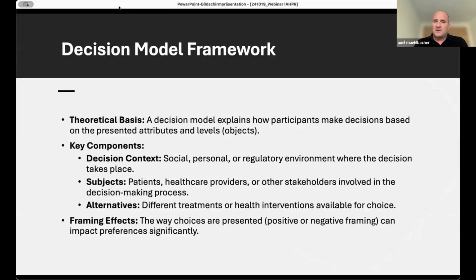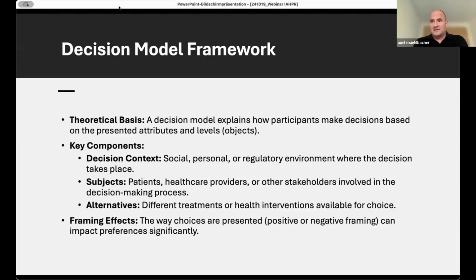To start off, what's the model and what's the decision model framework? The underlying idea is that we present an object to subjects, which means the participants of our studies. Once we have these subjects interacting with our objects, which later are the attributes, we can observe a certain behavior.